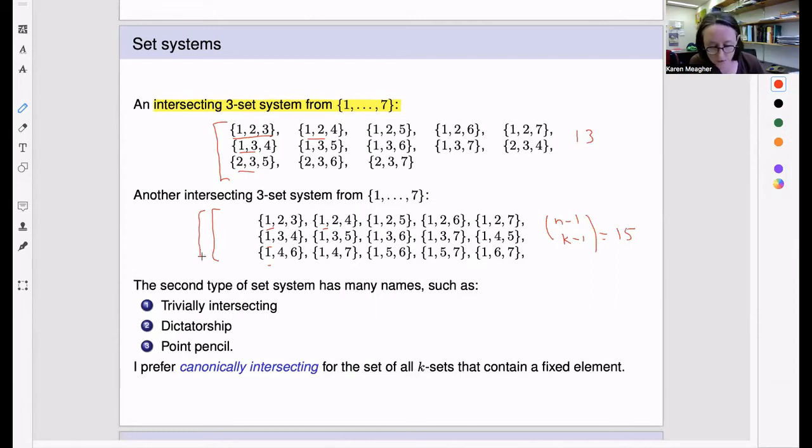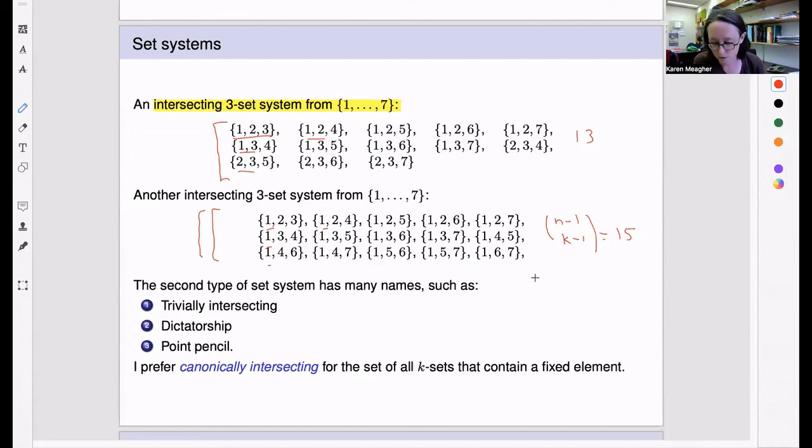The second type of set system, where I've got a common element in everybody, has a bunch of different names. In the older literature, it's called trivially intersecting, which you could see how that could be confusing. Sometimes it's called a dictatorship because 1 is ruling everything. Some people call them a point pencil. I never know if they call it a point pencil or a pencil point, but that term has never made any sense to me.